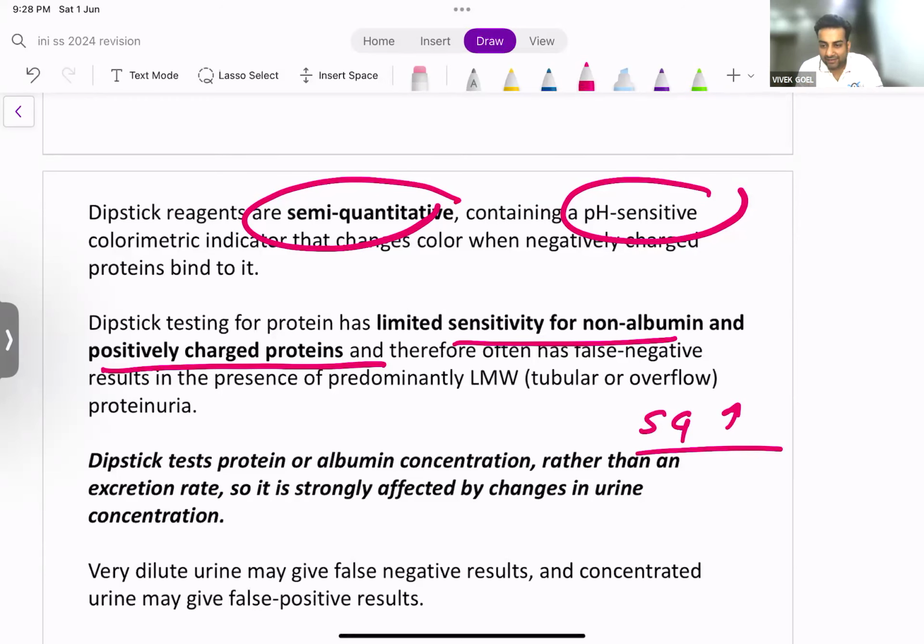If the specific gravity is 1010 or 1015, it is fine. But if the specific gravity is 1025 or 1030, that is on the higher side, always understand that this is a false positive albuminuria due to highly concentrated urine, which we very often see in acute tubular necrosis or other dehydration conditions. Am I clear?